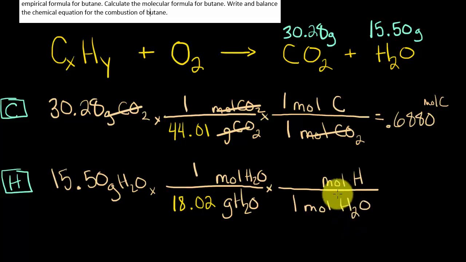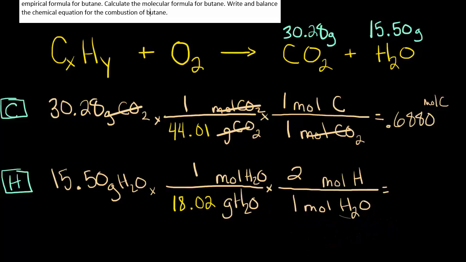We can see that there are 2 hydrogens per 1 molecule of water. And so 1 mole of water contains 2 moles of hydrogen. Again, going back to the analogy with people, think of it this way. If we had 1 dozen people, we would have 2 dozen legs, because each person has 2 legs. So each molecule of water has 2 hydrogens, so 1 mole of water contains 2 moles of the element hydrogen.